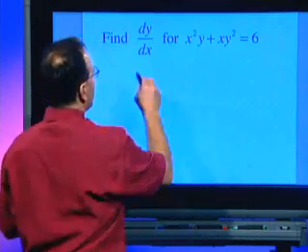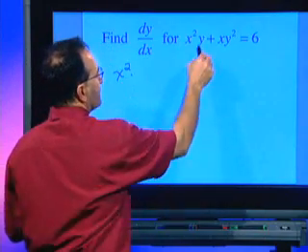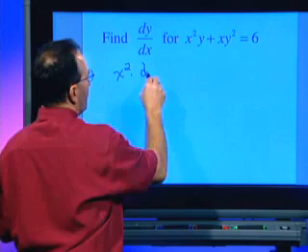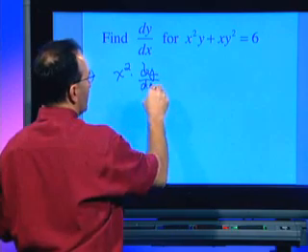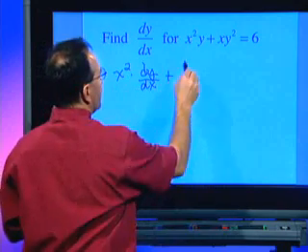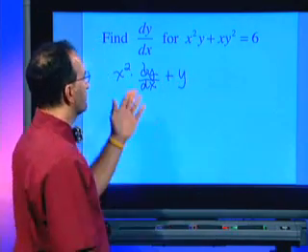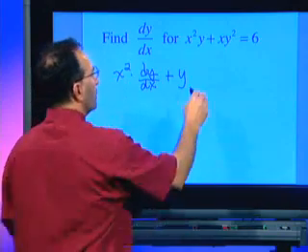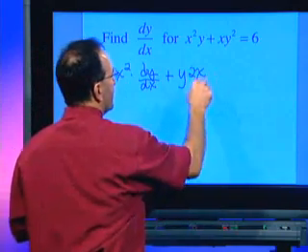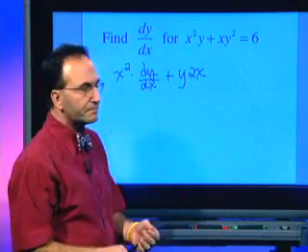We take the first function, x squared, and multiply it times the derivative of that second function, dy/dx. Plus, we take the second function and multiply it times the derivative of the first function, which would be 2x, and then dx/dx, which of course is just 1.